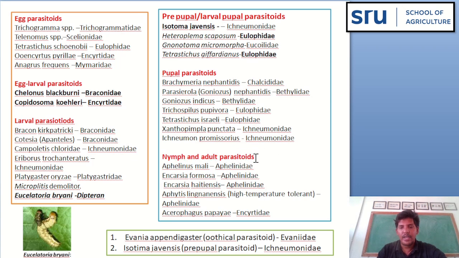Nymphal and adult parasitoids: Aphelinus mali, Aphelinidae, Encarsia formosa, Aphelinidae, Encarsia haitiensis, Aphelinidae, Eretmocerus lingnanensis, a high temperature tolerant Aphelinidae, Aenasius papaye, Encyrtidae. Iphiaulax appendigaster, a larval parasitoid, belongs to the family Braconidae. Isotima javensis, a prepupal parasitoid, belongs to the family Ichneumonidae.